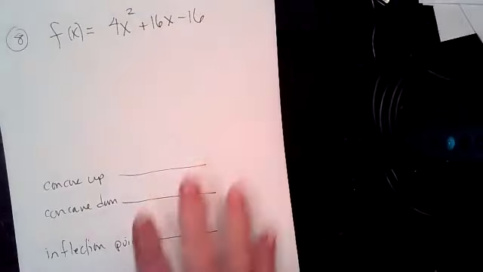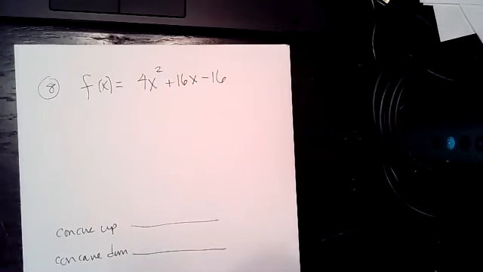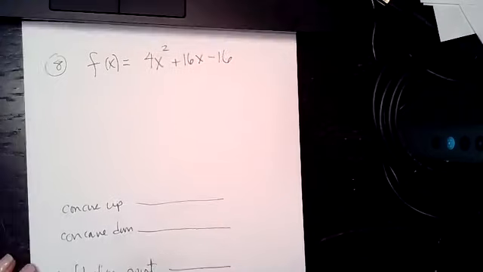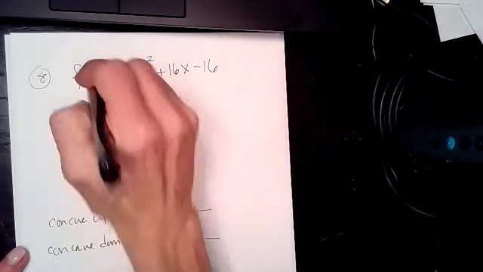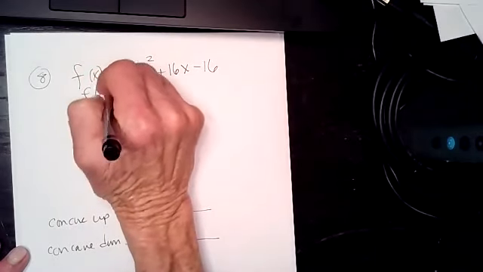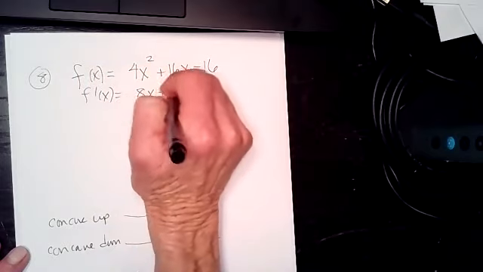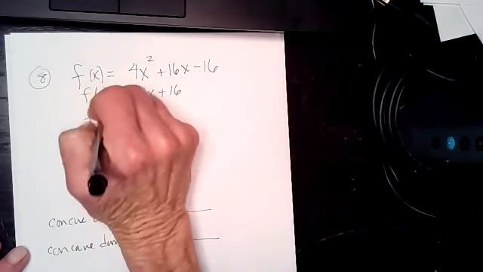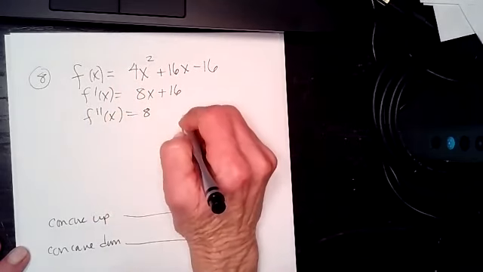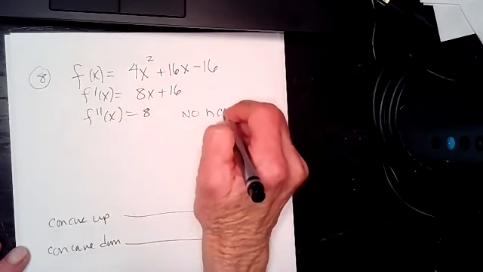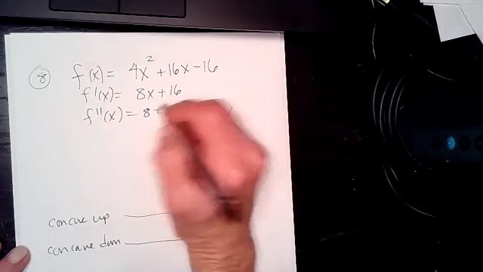Okay, let's look at number 8. Number 8 is 4x squared plus 16x minus 16, and they want to know where it's concave up and concave down, and the inflection point, okay? So if we go ahead and take the second derivative, okay, so there's no hypercritical value, because if I set that equal to 0, there's no x.